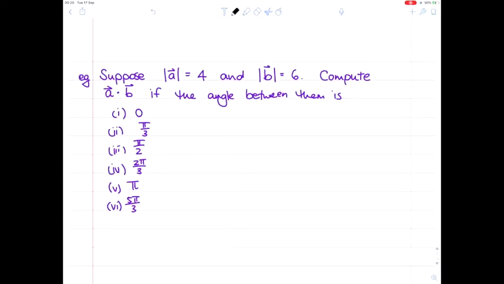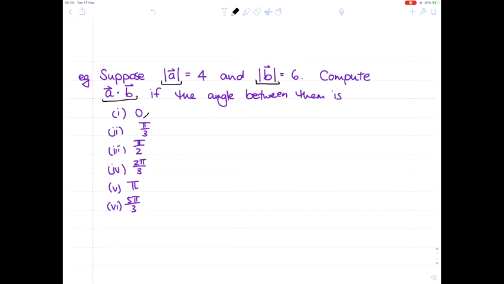So to keep it simple, we're going to think about our vectors just in terms of knowing the length of A and B, and we're going to be told the angle between them. We're going to come back to calculating the angle between them, but for the moment we're assuming that we're given that. Okay, so we have a vector A of length 4 and a vector B of length 6, and we want to find the dot product if the angle between them is 0.